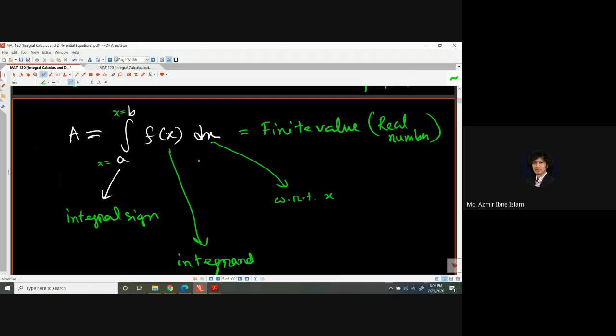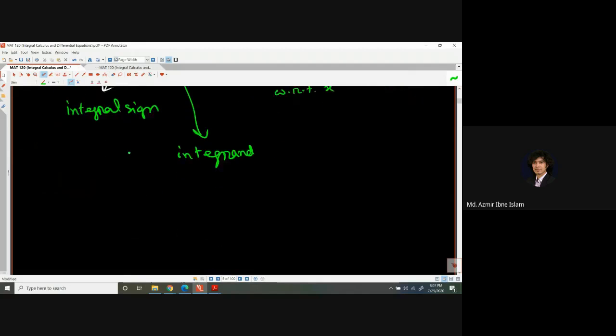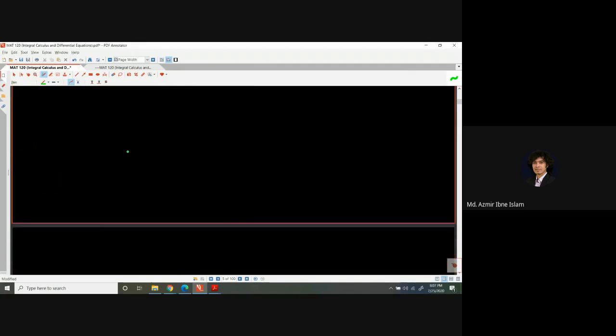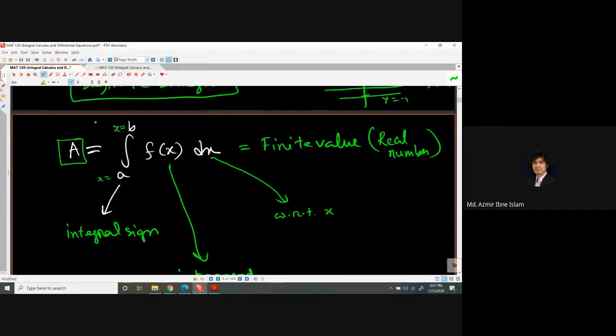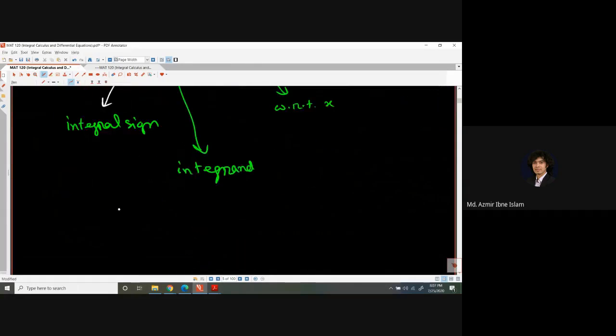And after solving this integral by some technique, we will finally get a finite value, a real number, that will define the area. So let's think about how we can find this result.